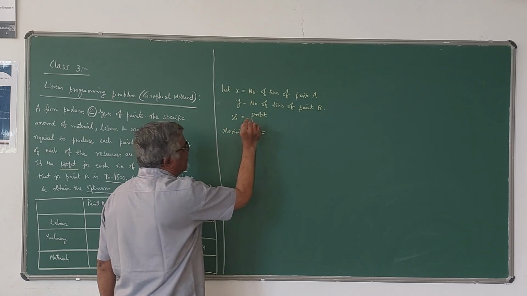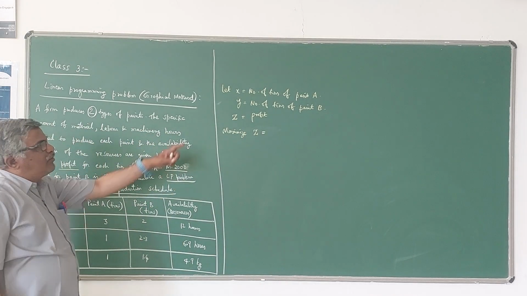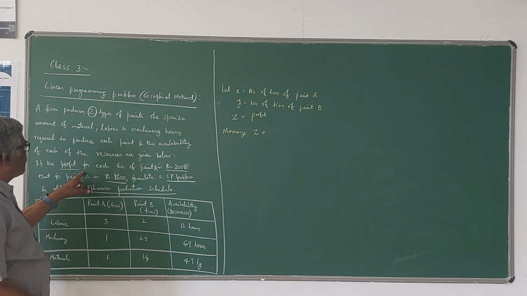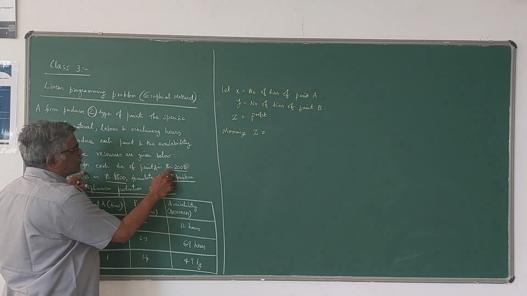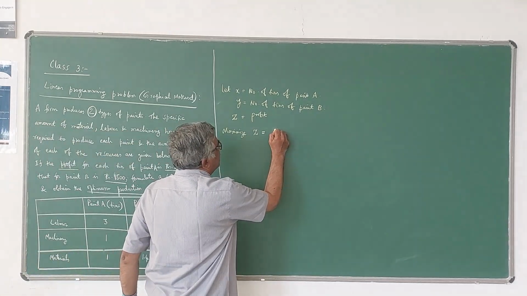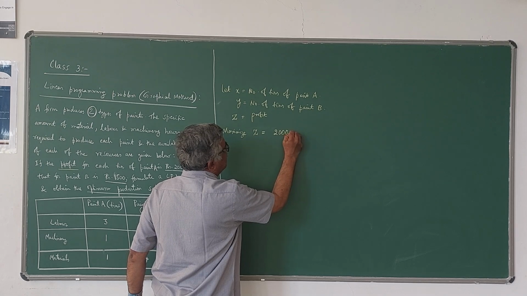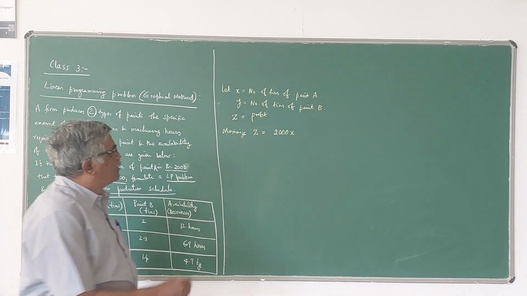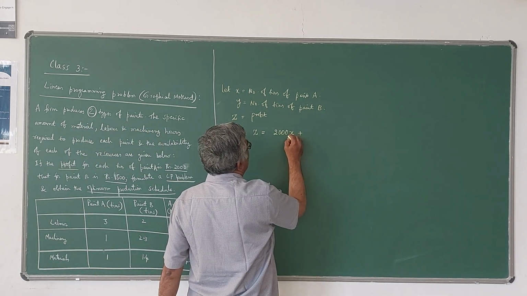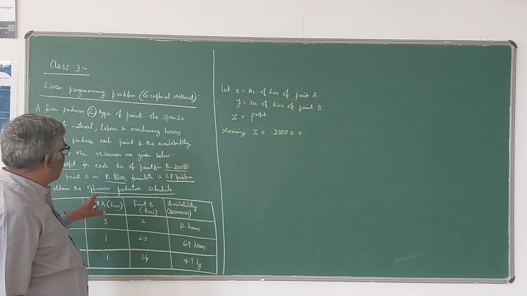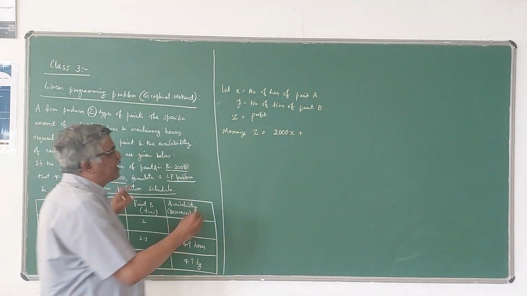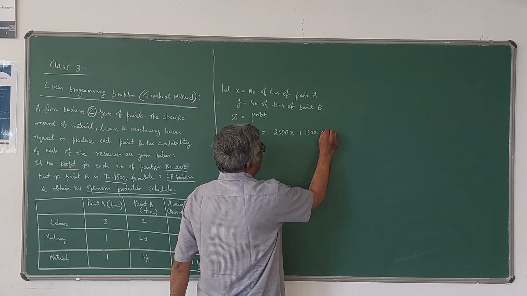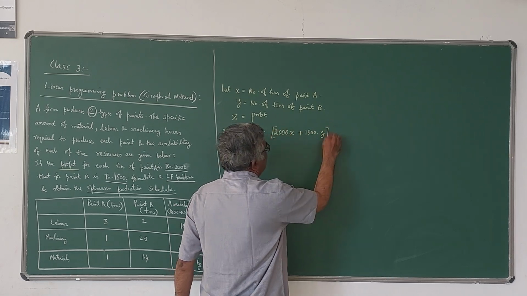Maximize Z is equal to, see, X is the number of tins of paint A. If you take paint A, the profit obtained for each tin is rupees 2000. Therefore, we have to maximize 2000 into X, where X is the number of tins that should be produced. Plus, the profit of paint B per tin is 1500 and the number of tins we have to produce is Y. So this is the function.